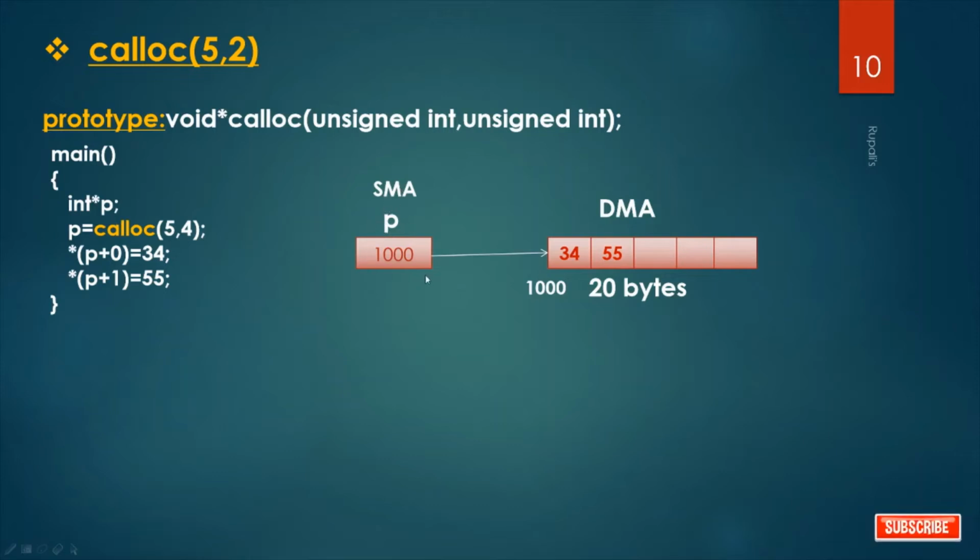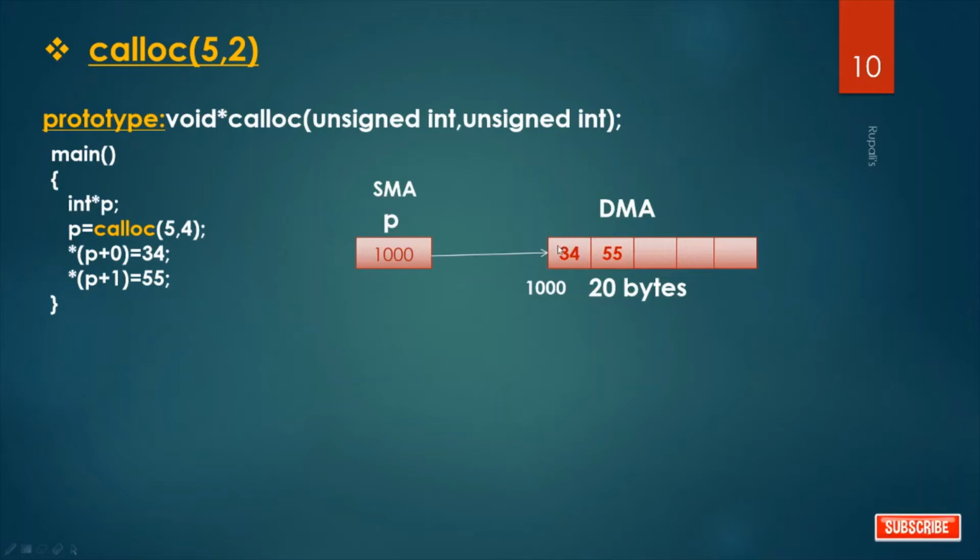Now if I write p equals calloc(5, 4), that means calloc allocates at the time of run 5 sequential blocks of size 4, and it returns the base address of the starting block to p.